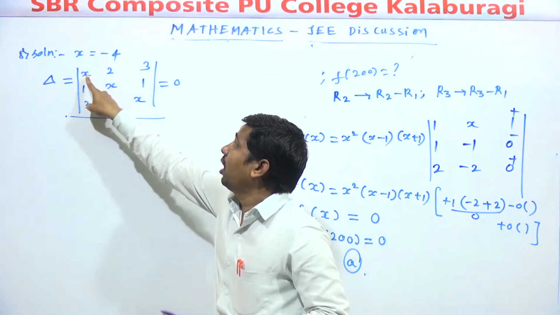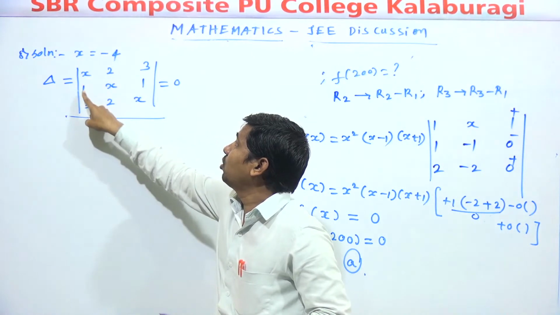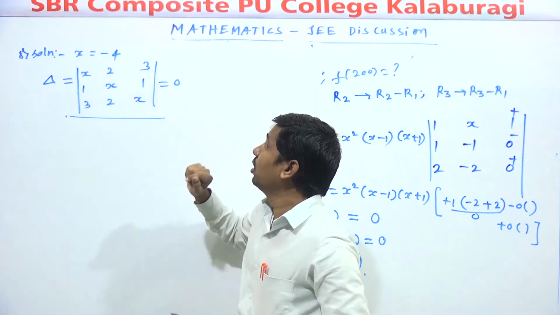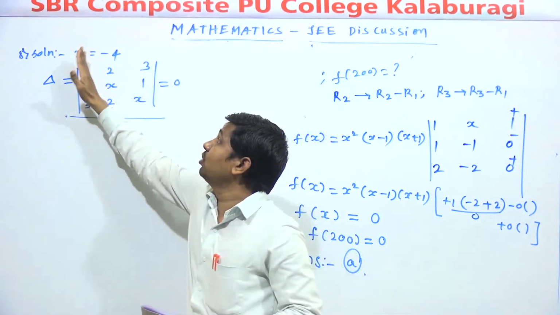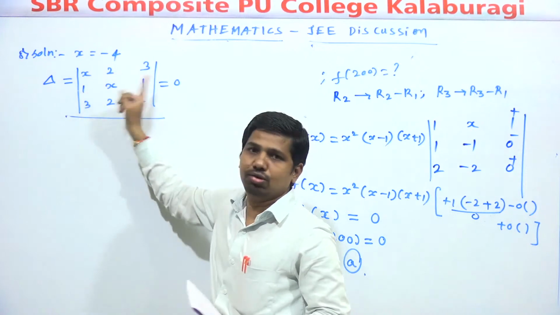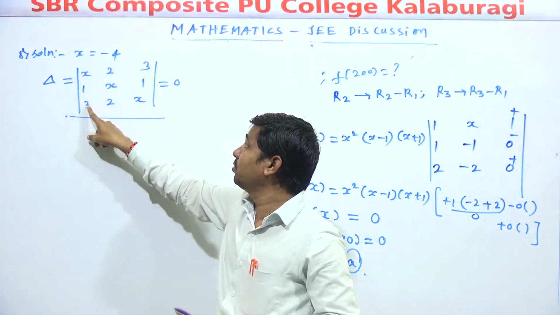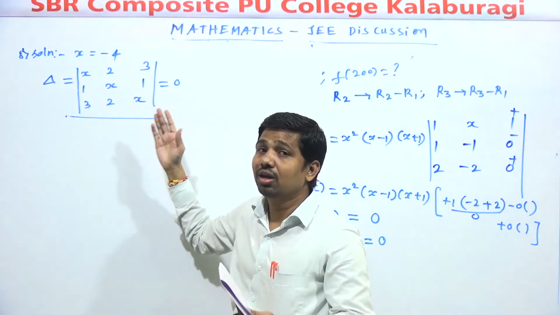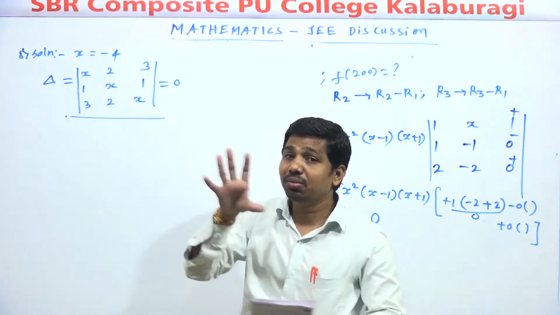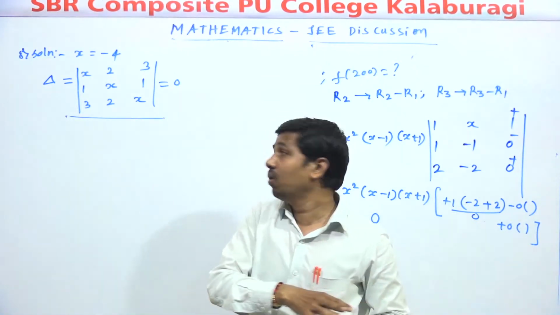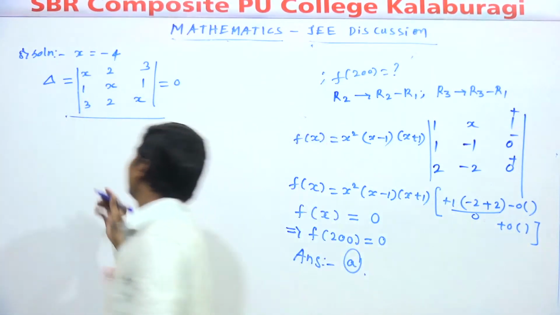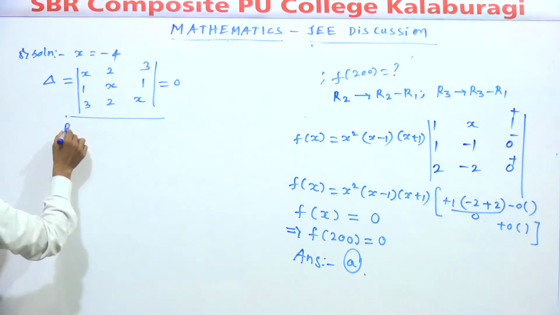If I apply C1 changes to C1 plus C2 plus C3, here it is x plus 5, here x plus 2, I am not getting a common term. But I am getting x plus 4 common when I apply R1 changes to R1 plus R2 plus R3. So let us apply that property.